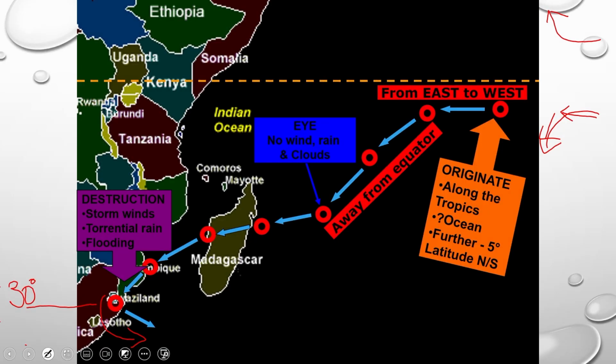So from 30 degrees to 60 degrees, you've got the westerly wind belt. So these start changing direction and moving from west to east, meaning they are carried by the westerlies. Please note that, because the examiner is very, very interested in that. They are carried by the westerlies.